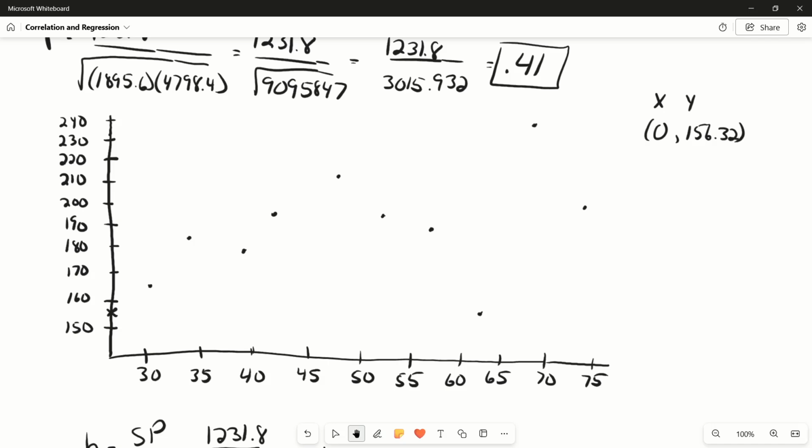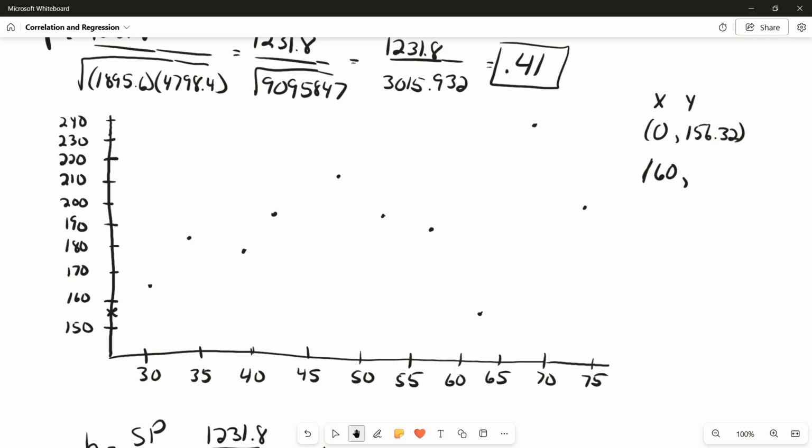Let's try 70. Or maybe not. Let's pick 60. So when X is 60, what is Y? We have to plug that in, so we actually have to do the math here.